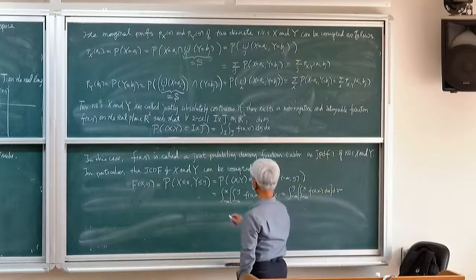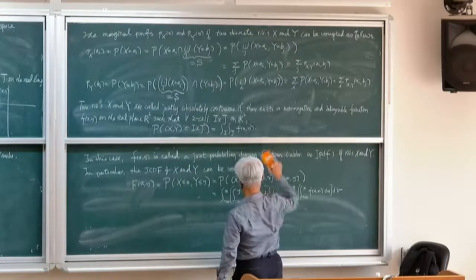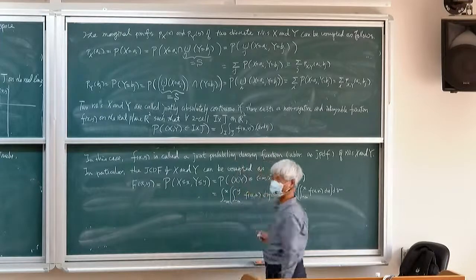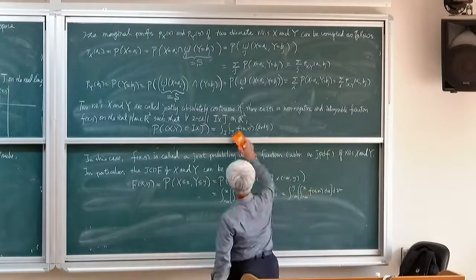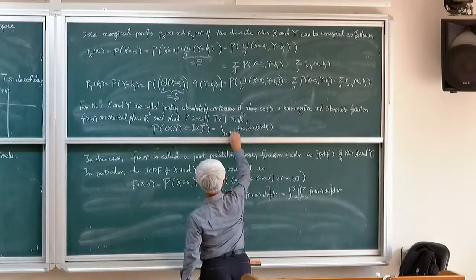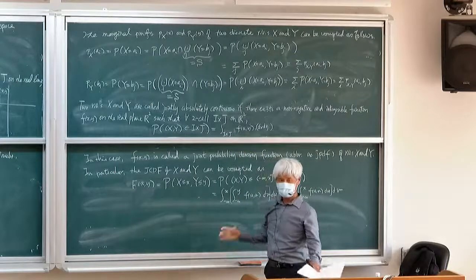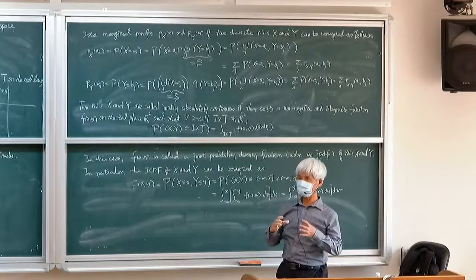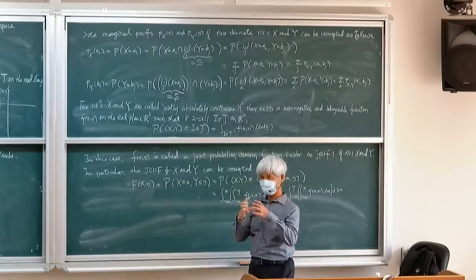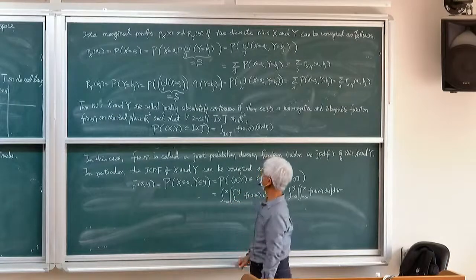I think it's better to write dx dy together, so there is no ambiguity. You integrate over this region, and you have dx dy. This is dA, the differential area.